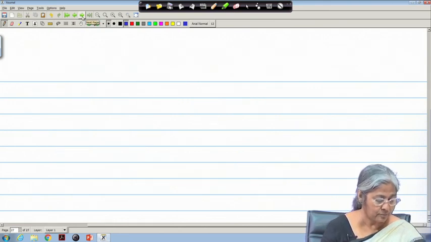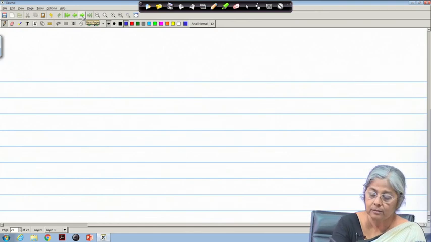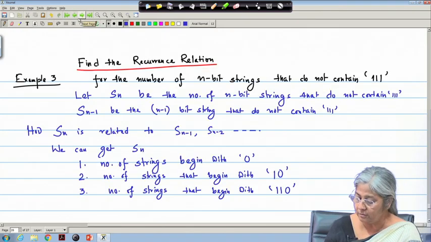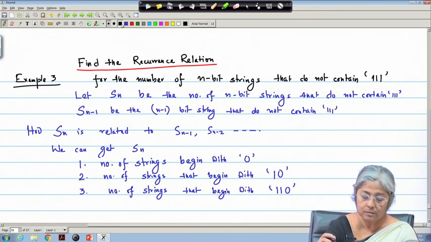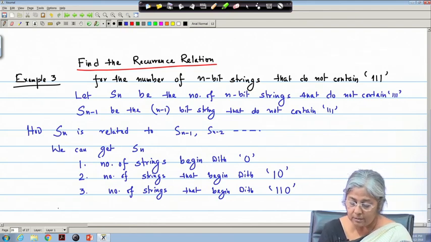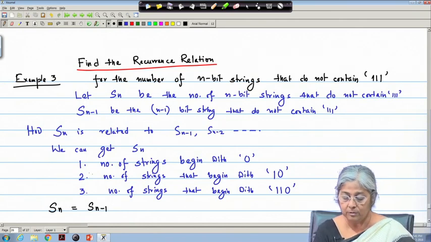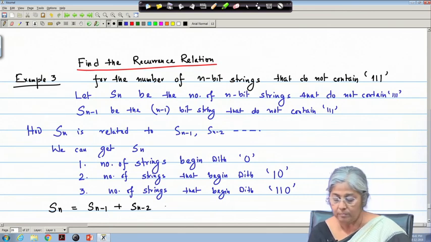So, I can write that expression: Sn equal to Sn minus 1 for the first case, then Sn minus 2 plus Sn minus 3.